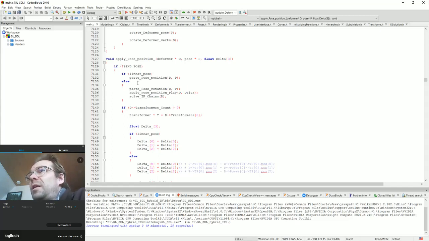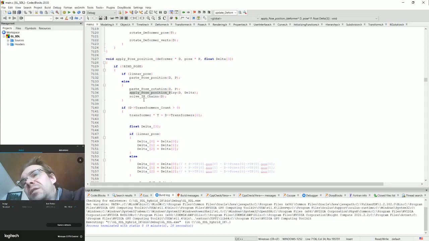But if it's not linear, then those rotations are calculated based on the rotation values for every transformer, as those rotation values then are interpolated. And then we paste those values in, and then we rotate starting from the first transformer. And this first transformer's concept is hierarchical.